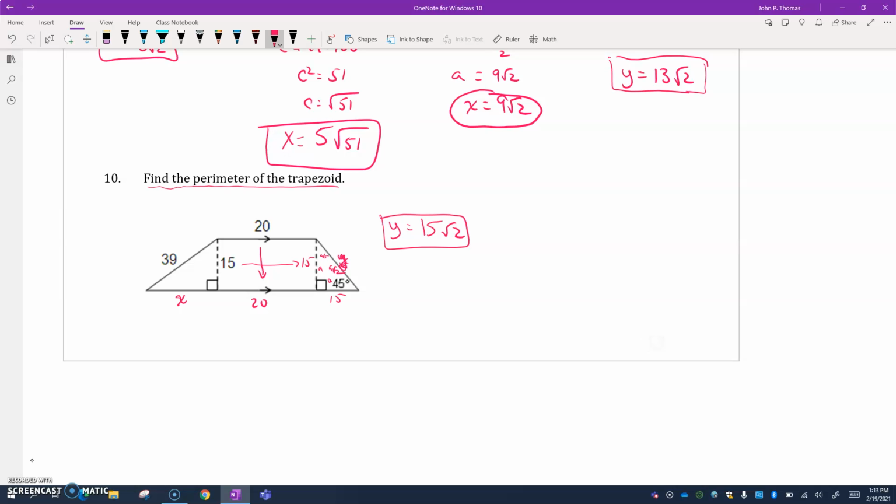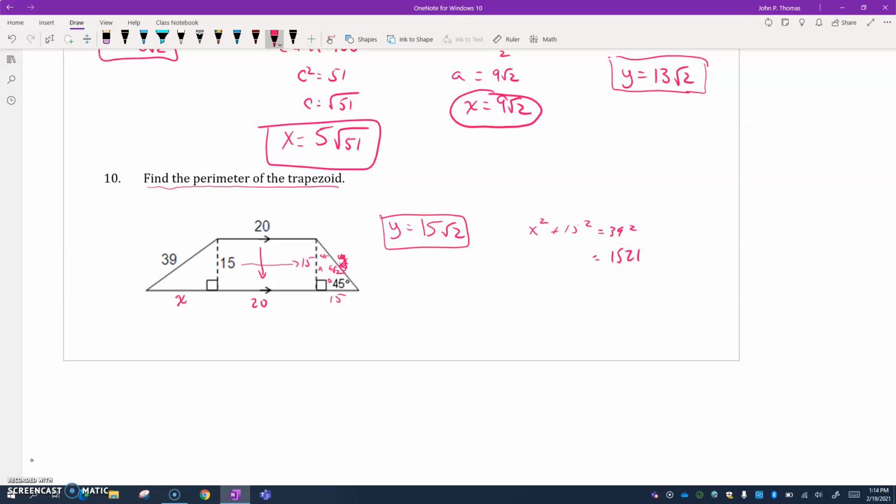Then I go to x, and for x I can use Pythagorean Theorem. X squared plus 15 squared equals 39 squared. And this is one where I'm going to definitely want to grab a calculator. So I've got 39 times 39 gives me 1521.